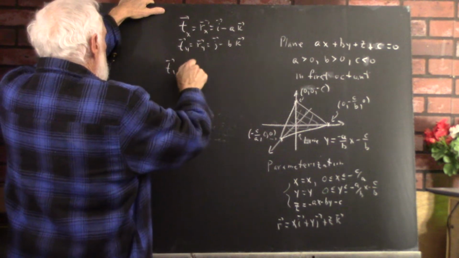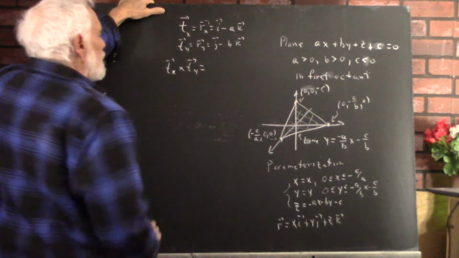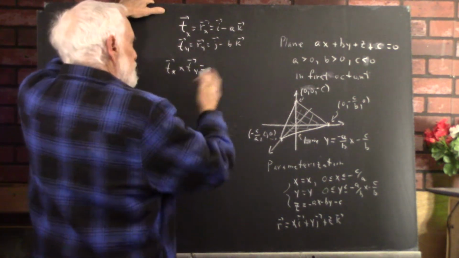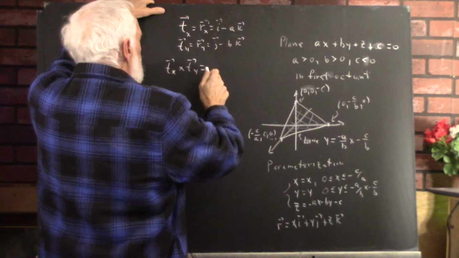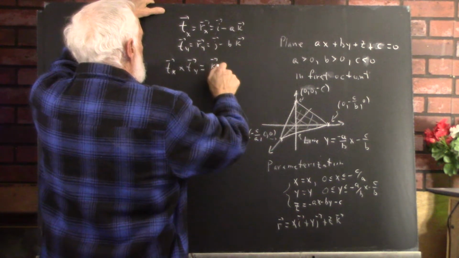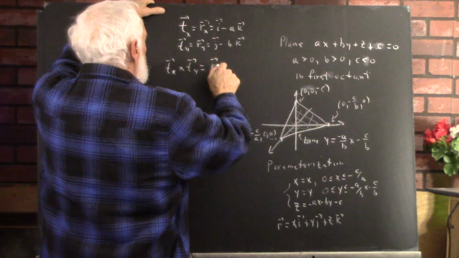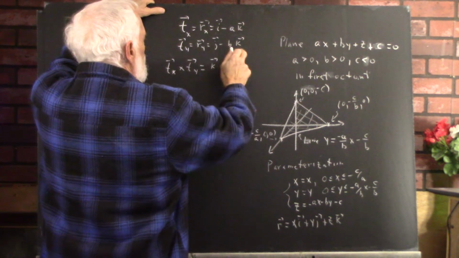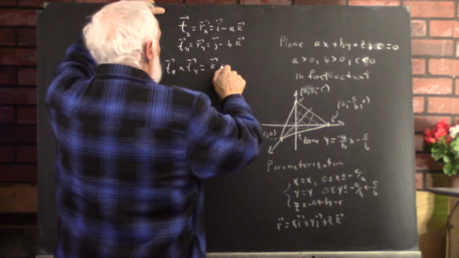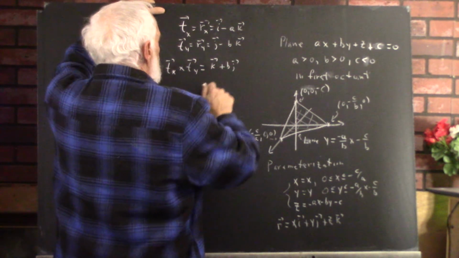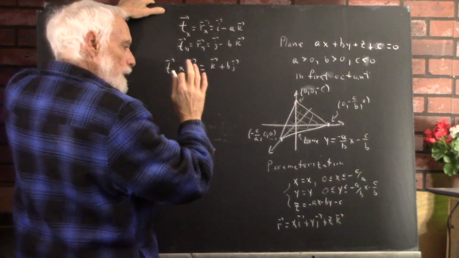So the Tx cross Ty equals, just by distributive law, i cross j gives us k, and i cross k gives us negative j, and k cross j is negative i.